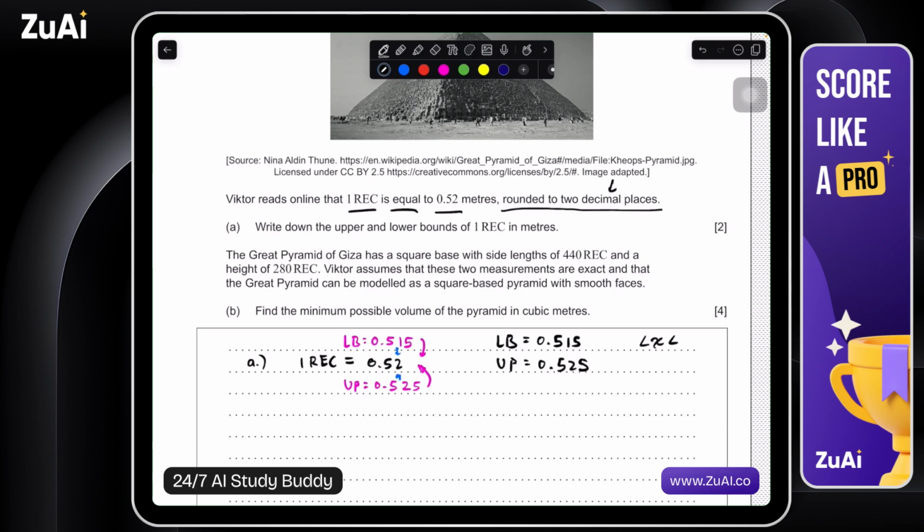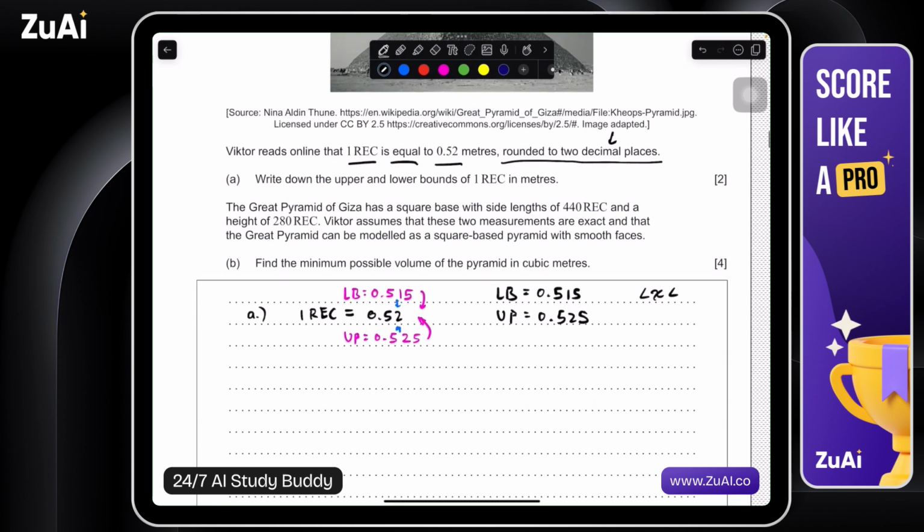Alright. The Great Pyramid of Giza has a square base with side lengths of 440 REC and a height of 280 REC. Viktor assumes that these two measurements are exact and that the Great Pyramid can be modeled as a square-based pyramid with smooth faces.